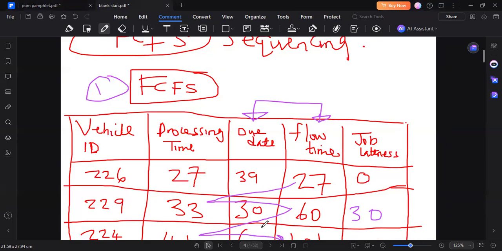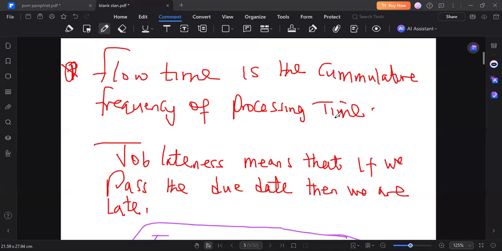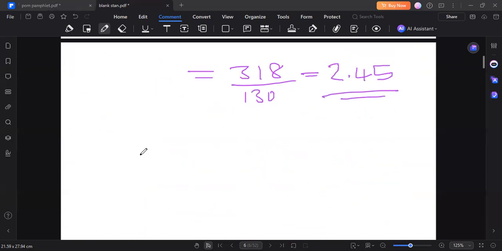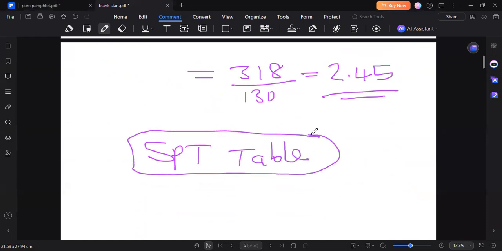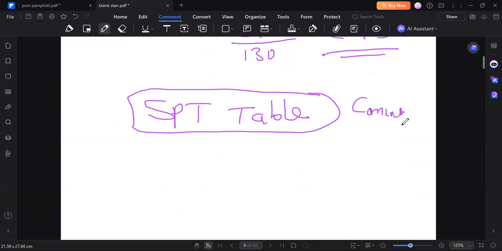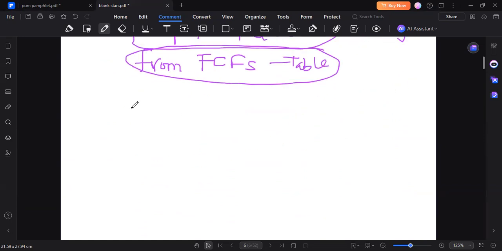So shortest processing time, what is going to happen here is that the SPT table is coming from the first come, first served table. So here we are going to have what we call vehicle ID, then your processing time, load time.